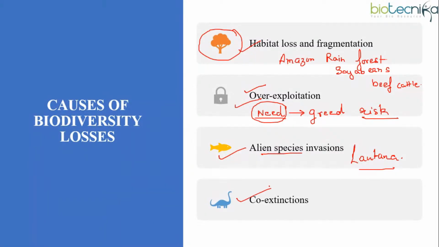And then co-extinctions. As I mentioned earlier, when a species becomes extinct, the plant and animal species associated with it also become extinct. For example, when a host fish species becomes extinct, its unique assemblage of parasites also meets the same fate.